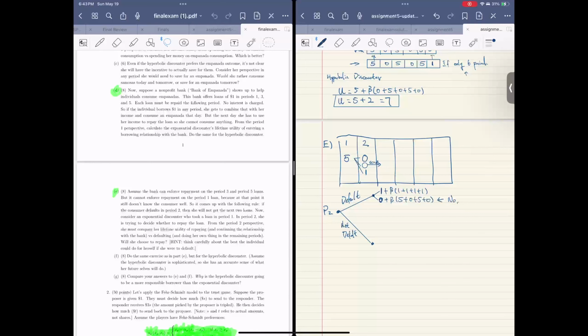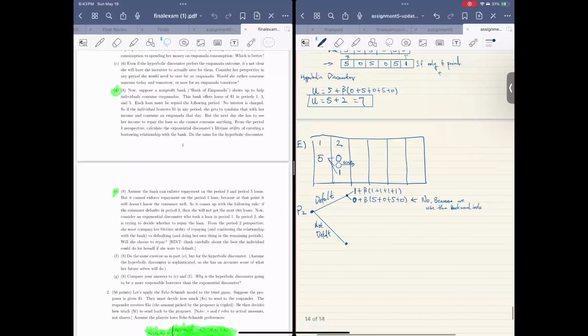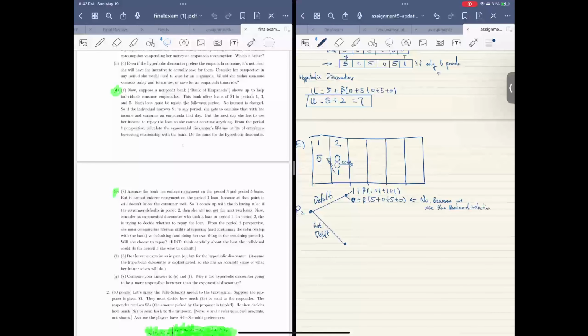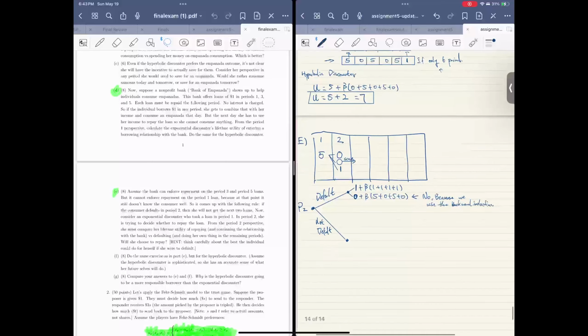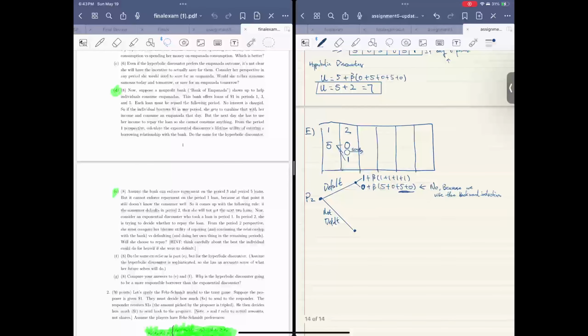No, because we use the backward induction. We know that this person is definitely not going to save during period 5 and 6. And then there's no way this person will save. So this one is out. So the only thing we can have is this.